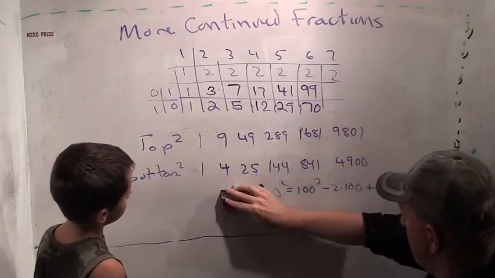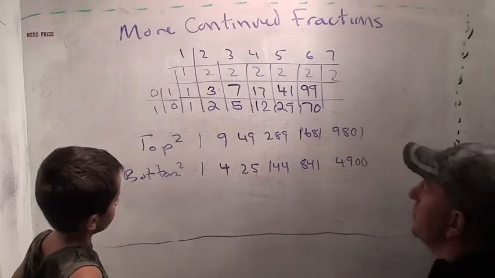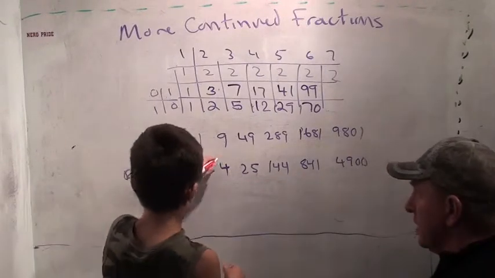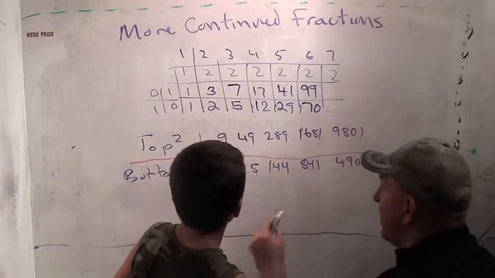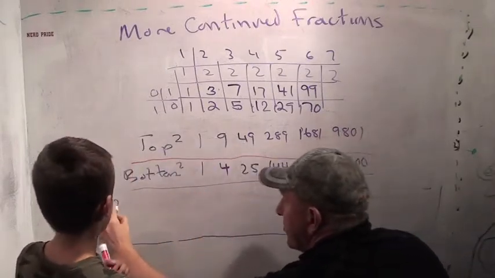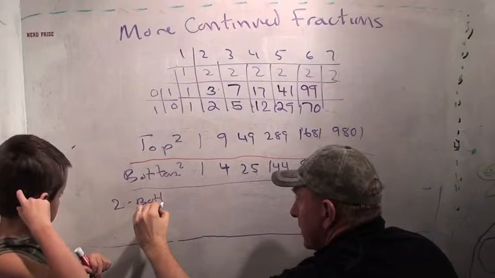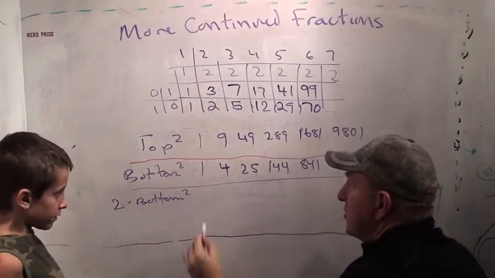Okay? Awesome. Now there's an interesting relationship between these numbers. I'm just going to draw a line through them. Now I want to add one more line, which is 2 times the bottom squared. What's 2 times 1?